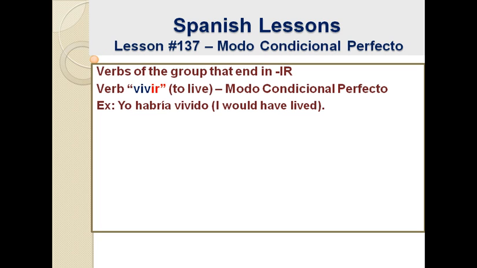Example, yo habría vivido, or I would have lived. I sometimes say yo or yo, right? Most of the Spanish-speaking countries say yo. Since I come from Uruguay, we say yo, but that doesn't matter. You can say yo or yo.